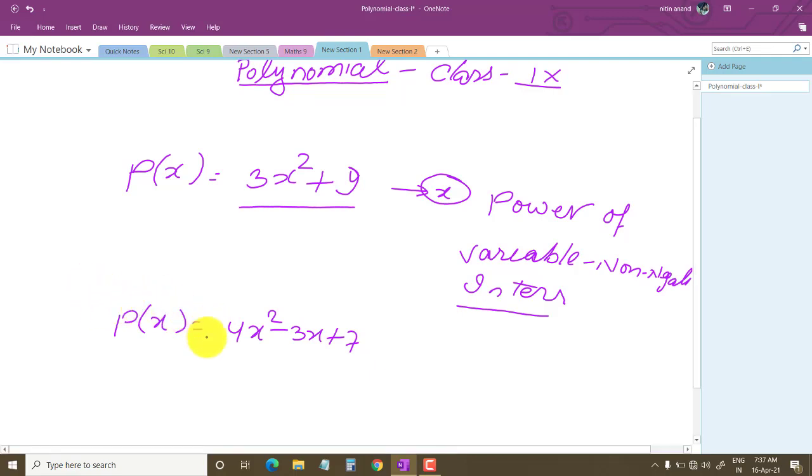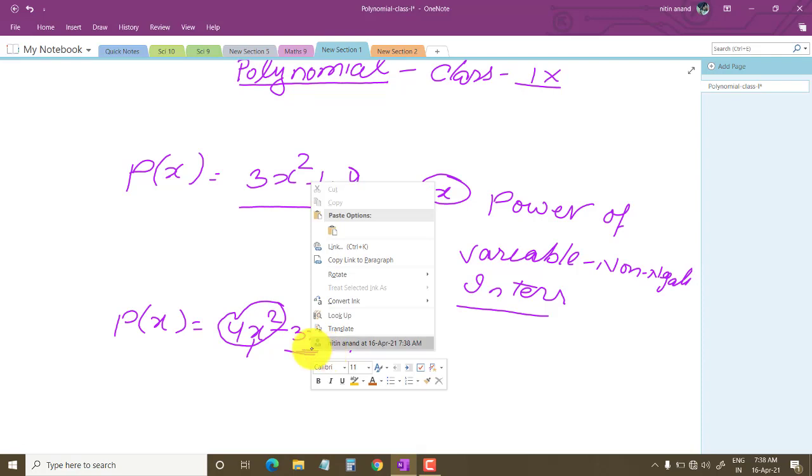Then we have to see firstly, is there only one variable or more than one variable? This is the first term, and in this term the number of variables is 1, that means x. In this term also the number of variables is 1.